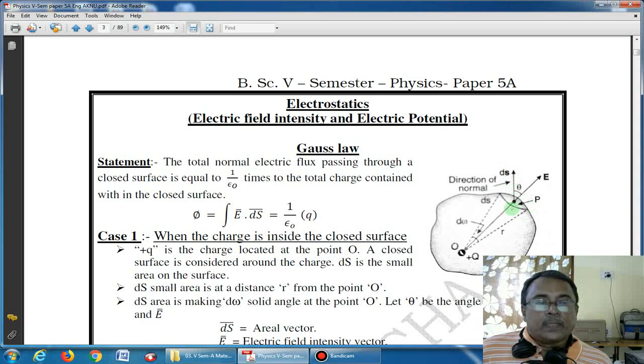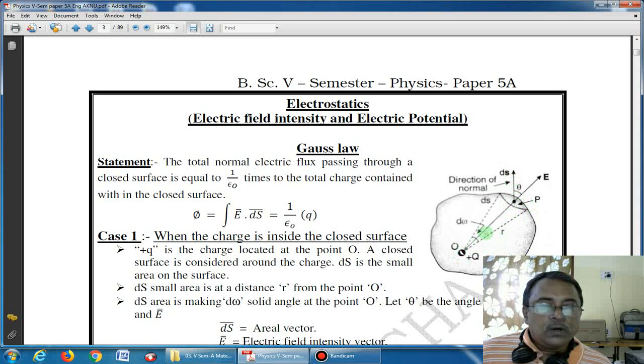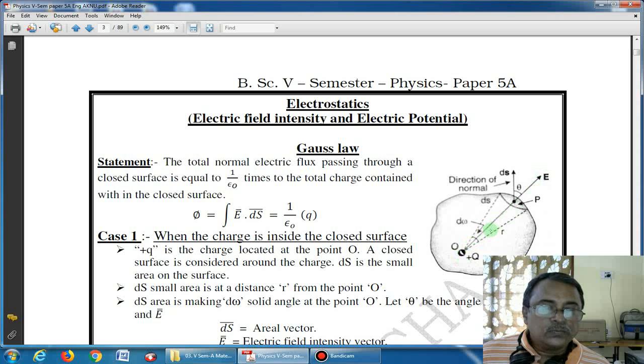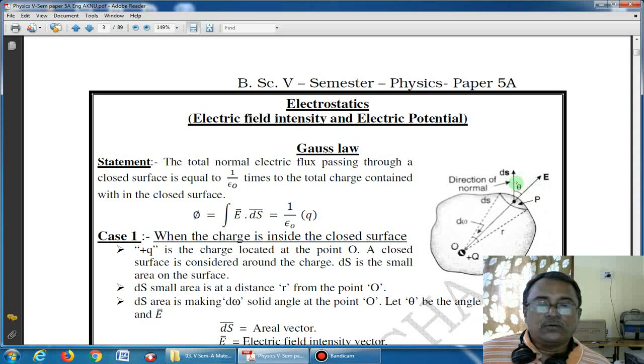And here E bar is the electric field vector, that means electric field line that is passing away from the positive charge, and this electric field vector is making an angle theta with the areal vector ds. So, the angle between the areal vector and electric field vector is equal to theta.